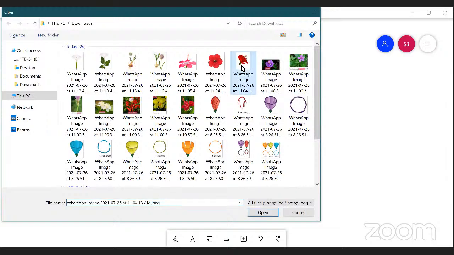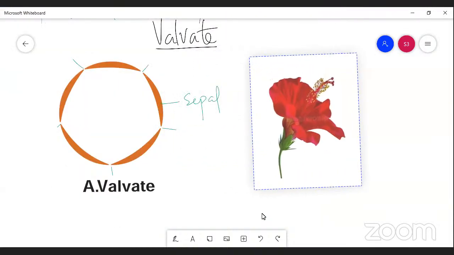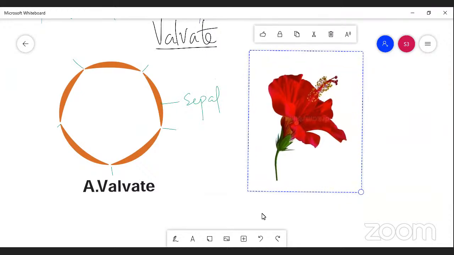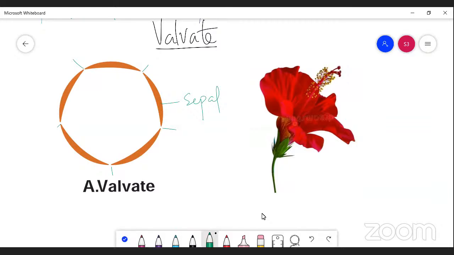Now this is the Hibiscus rosa-sinensis flower, in which the outermost whorl of the flower is the calyx. Yes, student, please understand, this is the calyx. What is calyx? A group of sepals. The sepals of Hibiscus rosa-sinensis are arranged by the valvate distribution method.